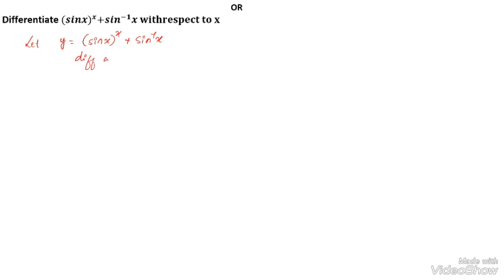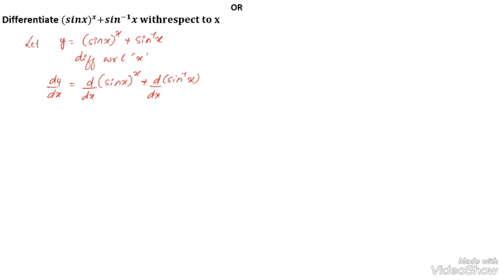Differentiate with respect to x. It becomes dy by dx is equal to d by dx of sin x to the power x plus d by dx of sin inverse x.